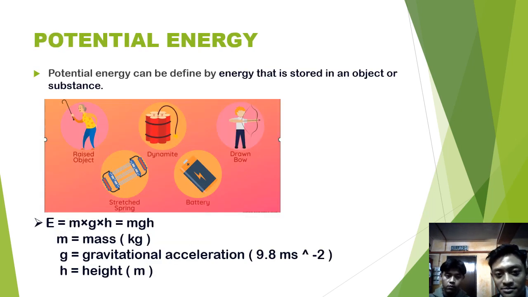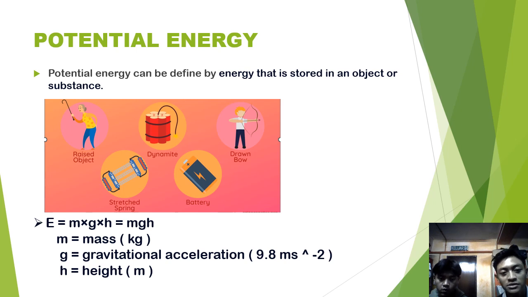Next, potential energy. Potential energy can be defined as energy that is stored in an object or substance, such as dynamite, a drawn bow string, and a battery.